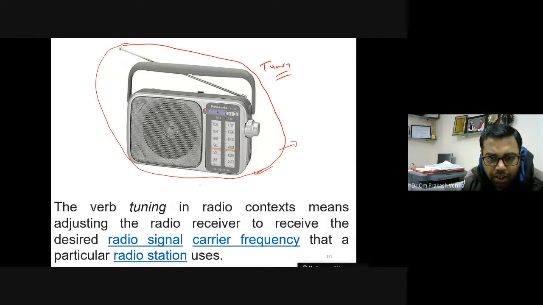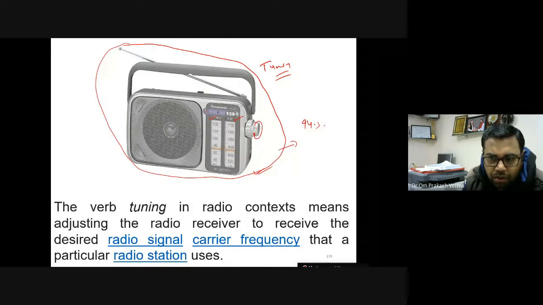What we are doing is just moving or sliding this knob. This is for the AM and this is for the FM. So what this knob is doing is tuning the frequency.